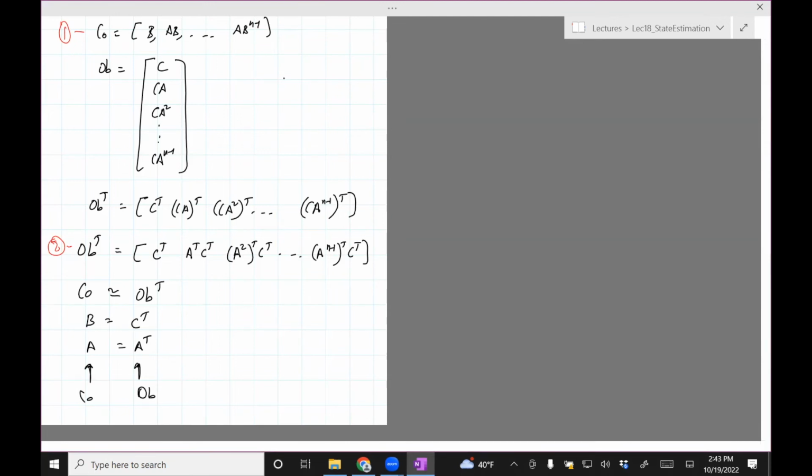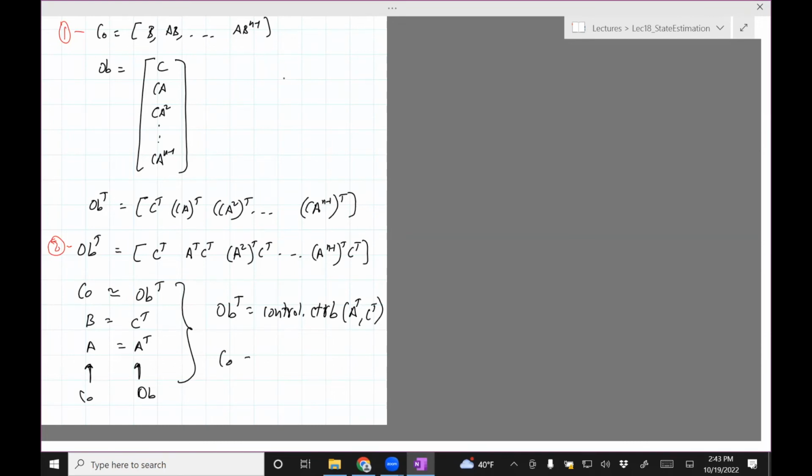Okay, which means that if you want to actually check for observability, you don't need to use obsv. You can actually use ctrb, which was used for controllability. All you do is you compute OB transpose. It comes out to be control.ctrb, which is controllability, but now the A and B are replaced with A transpose and C transpose. Right?